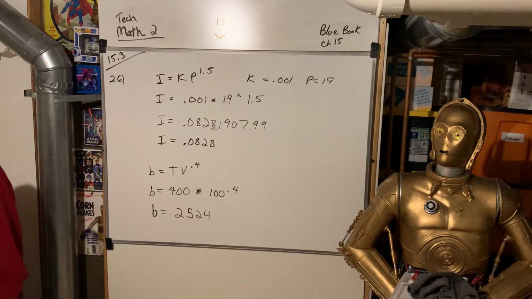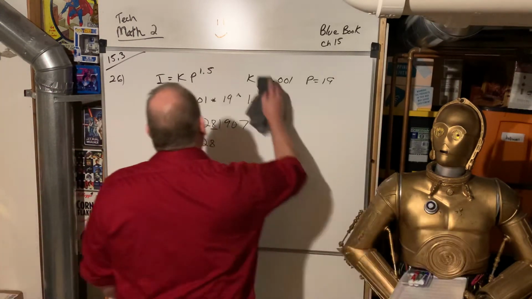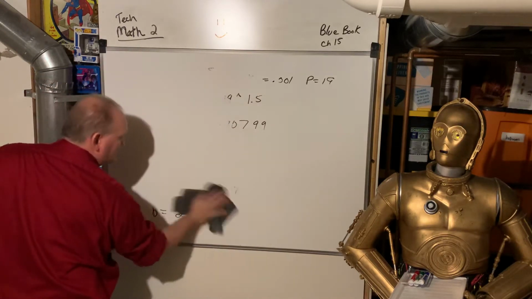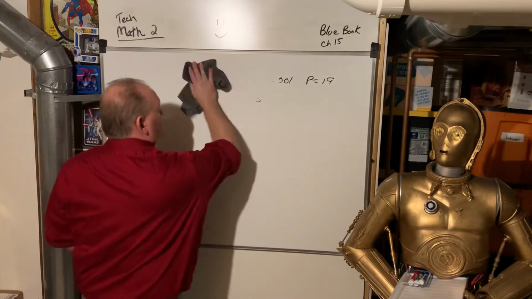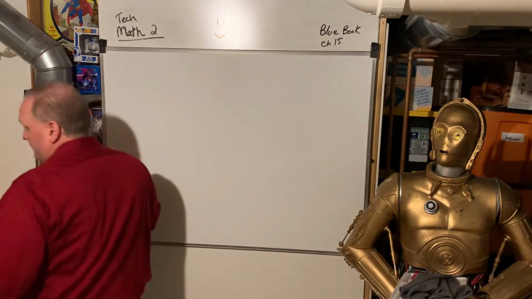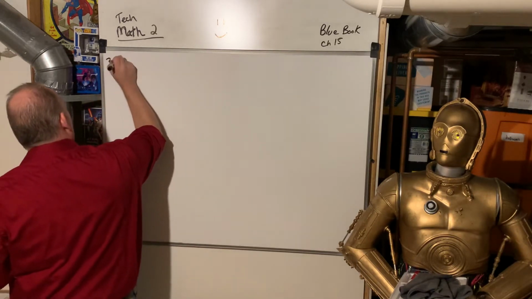All right, on to 15.4, powers of 10 with decimals. So we're going to look at 30 and 36. Lots of calculator on this one. Make sure you got fresh batteries in your calculator before this test.